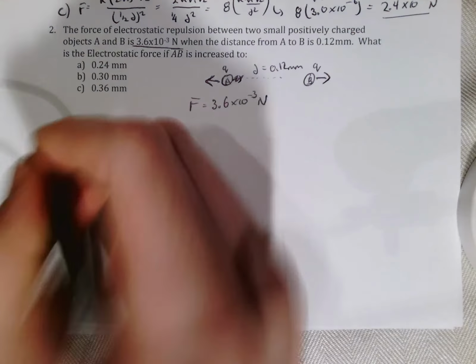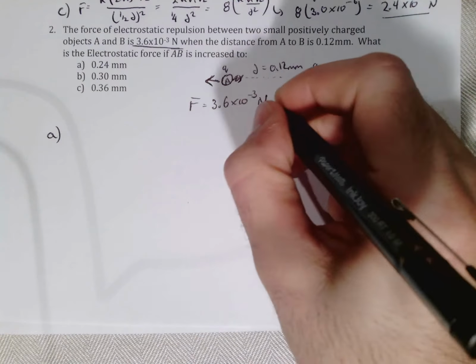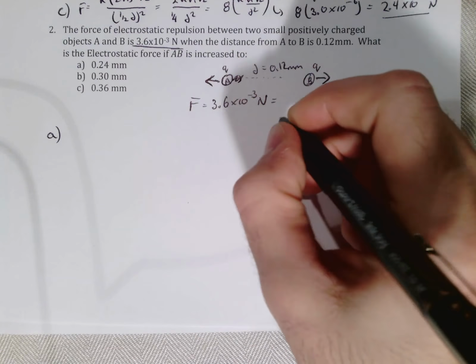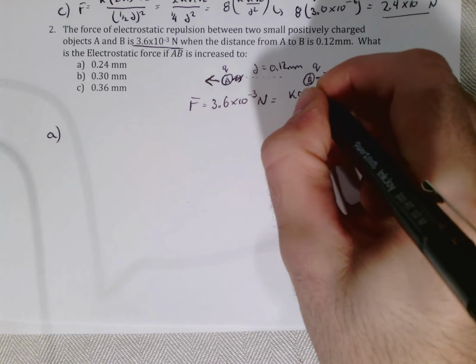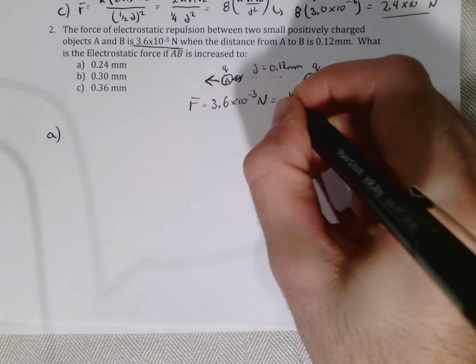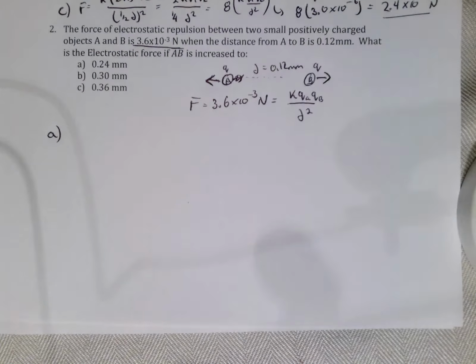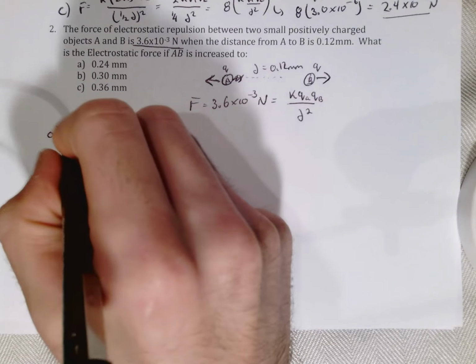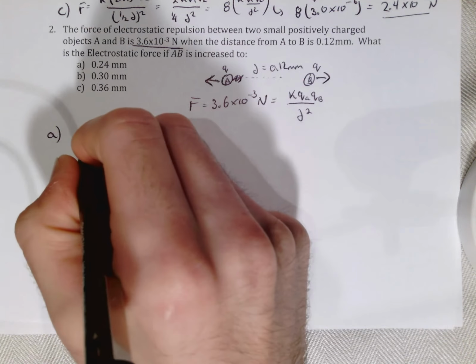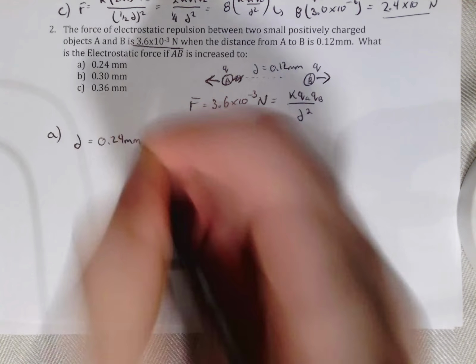You're asked, what happens when you change the distance in these ways? So again, we want to first set up that this force is coming from k QA QB over d squared. Now in part A, we're told that the distance has changed to 0.24 millimeters.